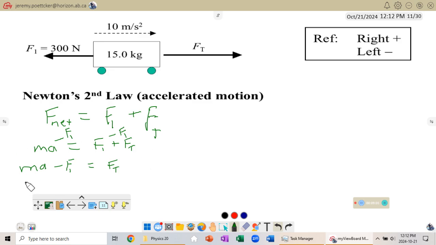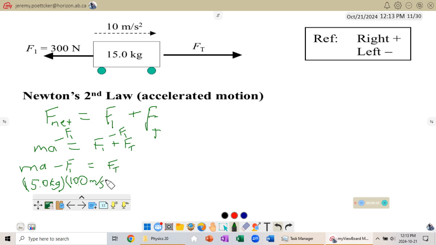Our mass is 15, and sig digs is 0.0, so I know I have 3. Acceleration is 10.0, that we figured out from before.